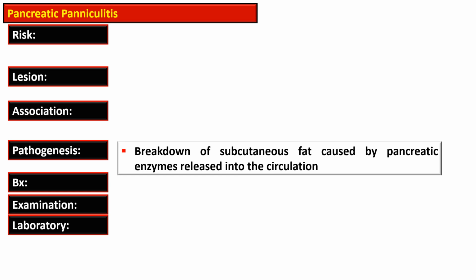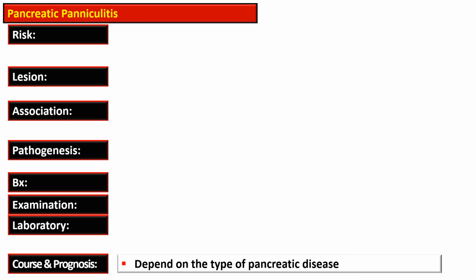They are considered to be due to breakdown of subcutaneous fat that is caused by pancreatic enzymes that are released into the circulation. And the treatment is the treatment of underlying cause.